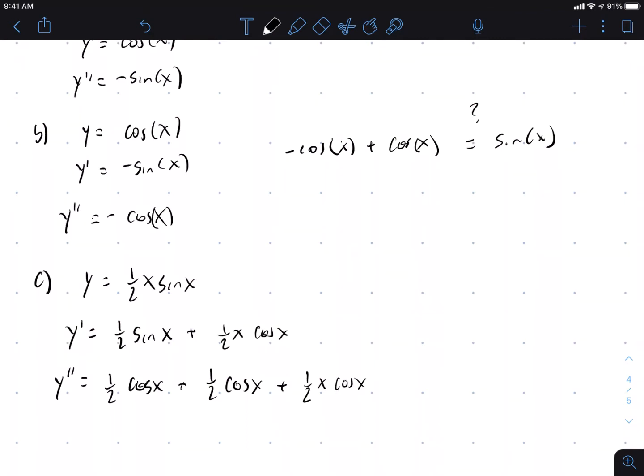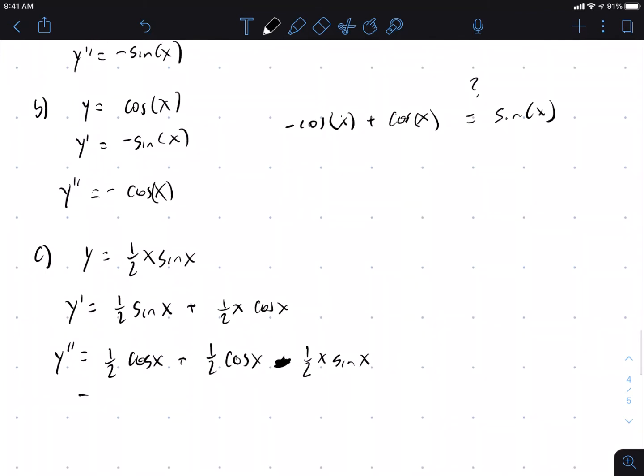Is that right? Oops, nope, I didn't take the derivative. That would be minus sine of x. And we can already see which one's not going to be our solution. If I clean this up, I'm going to get cosine of x minus 1/2 x sine of x. Am I doing it right? I think I'm doing it right.